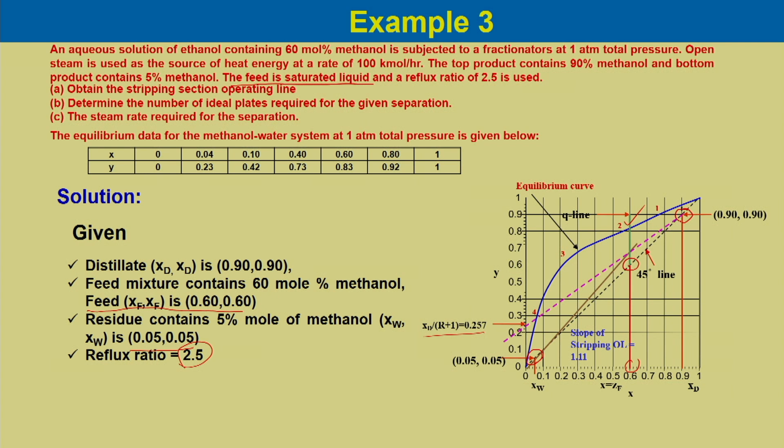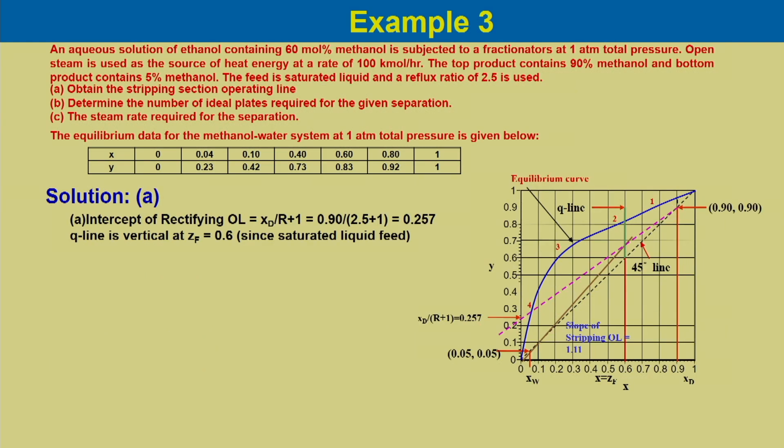So, we can draw the operating line in the rectifying section and also connect the operating line in the stripping section. The intercept of the rectifying section is 0.257, the q line is vertical, and ZF is equal to 0.6 for saturated feed.